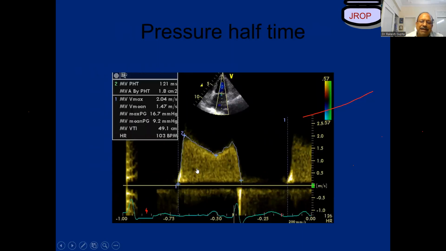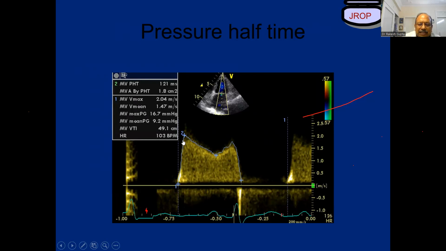Now, how do you see peak and mean gradients? Suppose this is a patient of mitral stenosis with normal sinus rhythm. This is the E wave, this is the A wave, as we told you in the last class. Then, very simple, just trace this Doppler envelope. From the beginning of this Doppler envelope, go up, go along the line of this Doppler envelope, trace it and bring it back.